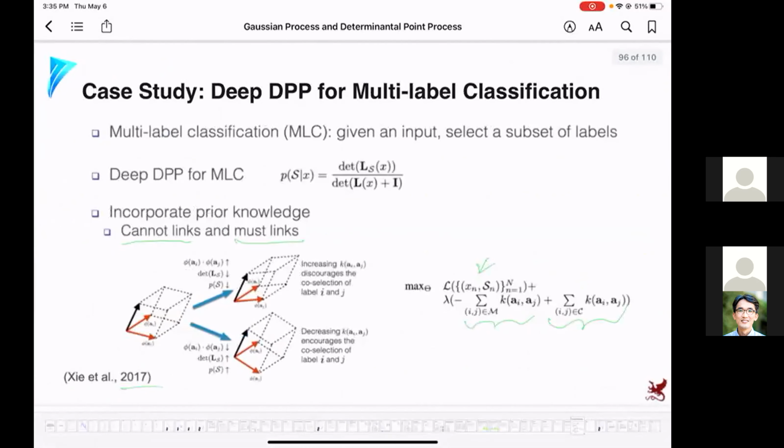All right, this finishes all the things I want to discuss about Gaussian processes and determinantal point processes. These two things can be a bit different from what we discussed before because they are distributions on functions and subsets.